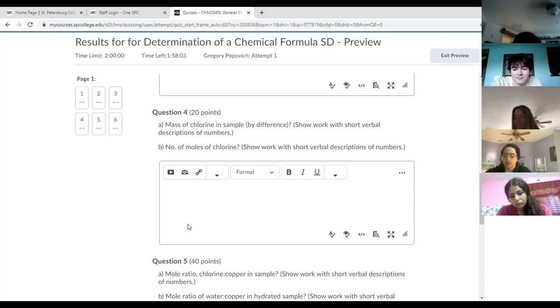I've been doing this since I was 16, so after 48 years, I know the atomic weight of chlorine. So just label the grams of chlorine and then the final answer as moles of chlorine.